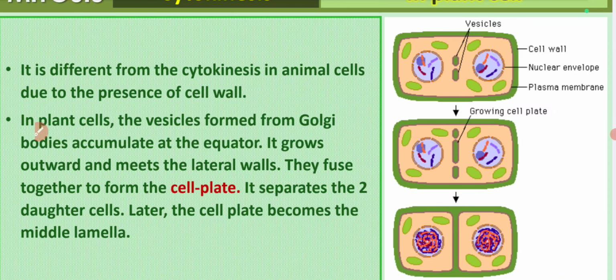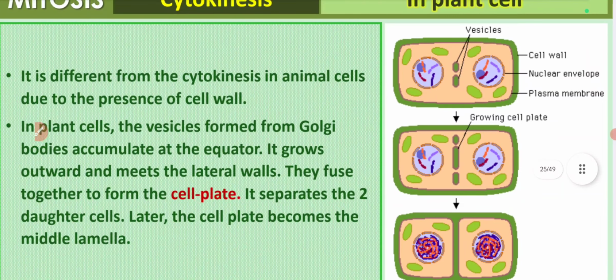Next, in your NCERT, it is given that in some organisms karyokinesis is not followed by cytokinesis, as a result of which a multinucleate condition arises, leading to the formation of syncytium.